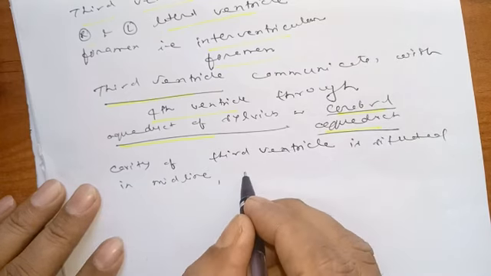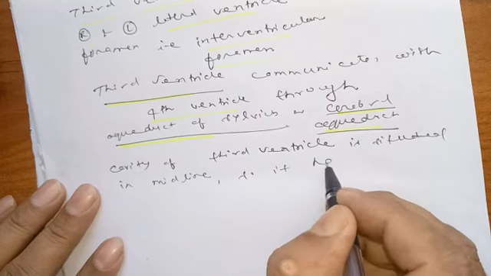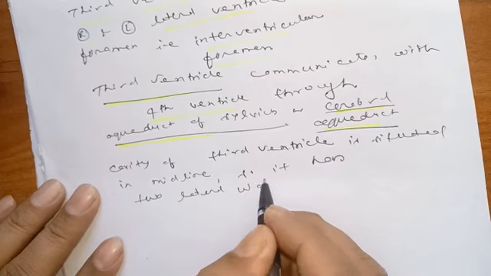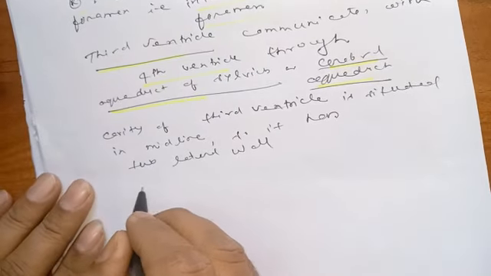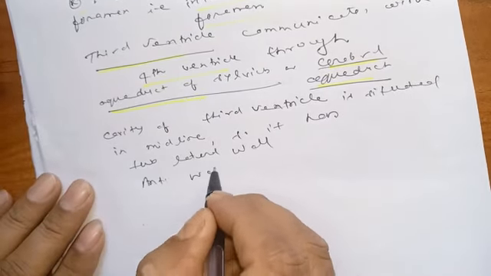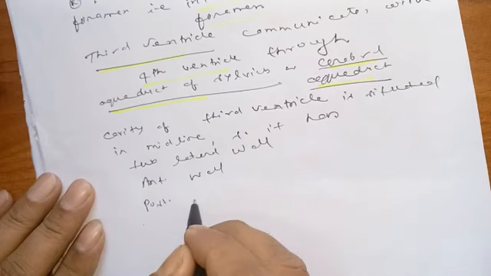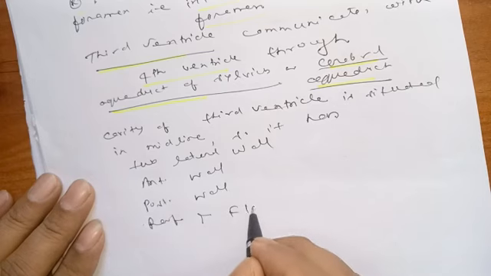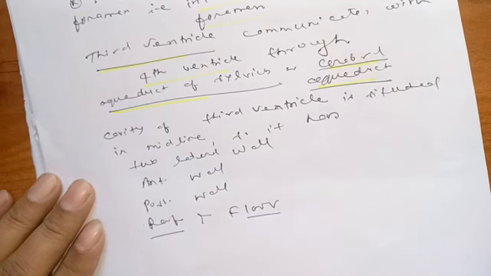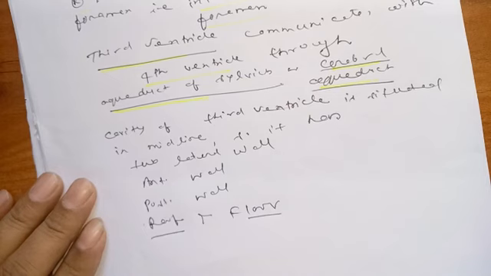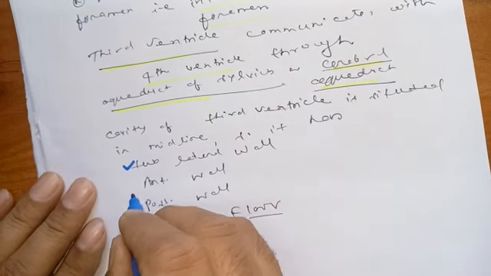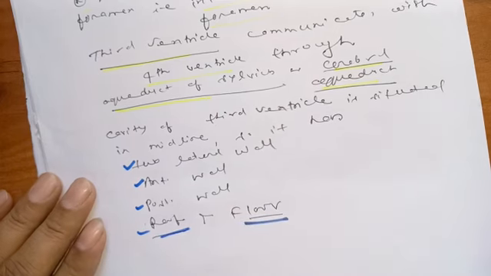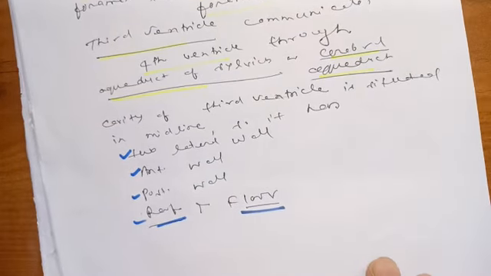So it has two lateral walls, an anterior wall, a posterior wall, a roof and a floor, as it is situated in between the two thalami. That is the third ventricle.